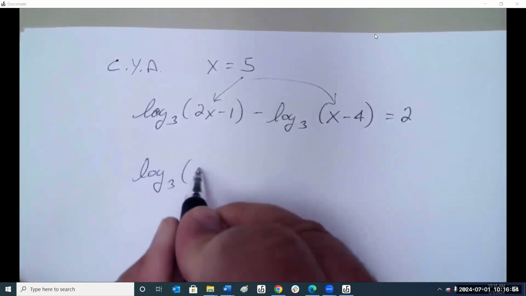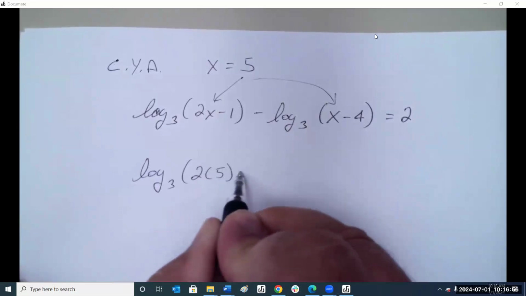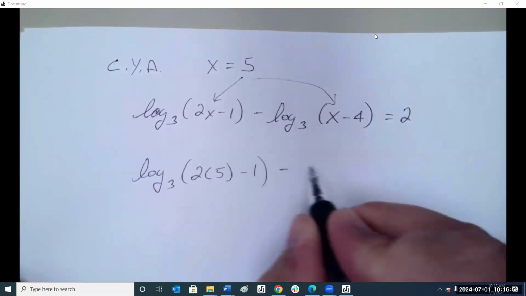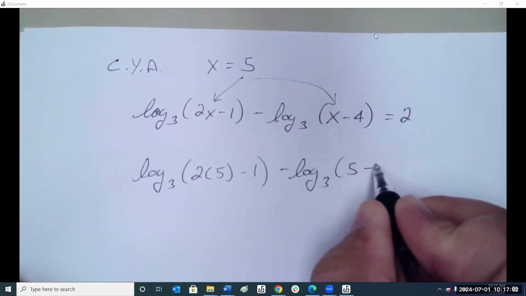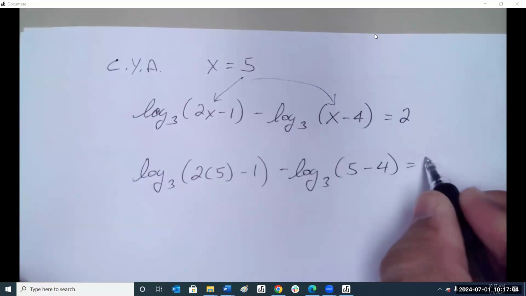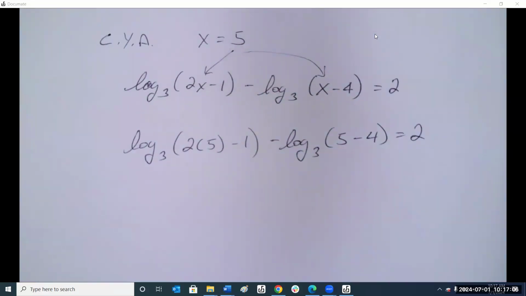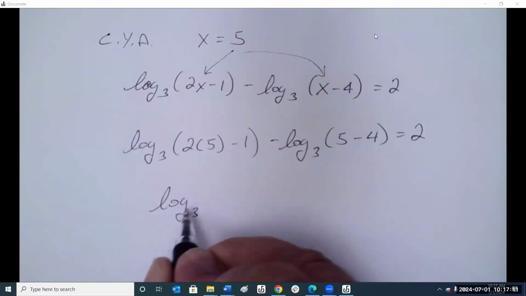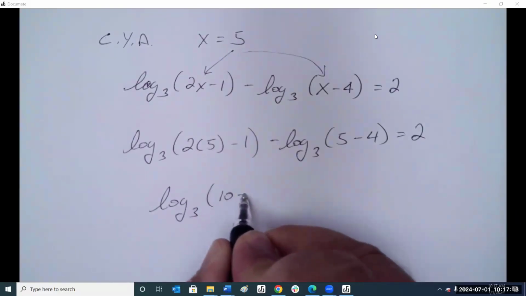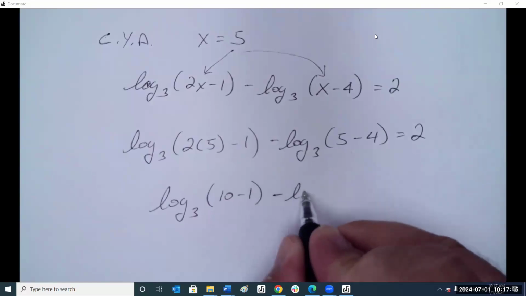Log base 3 of 2 times 5 minus 1, minus log base 3 of 5 minus 4.